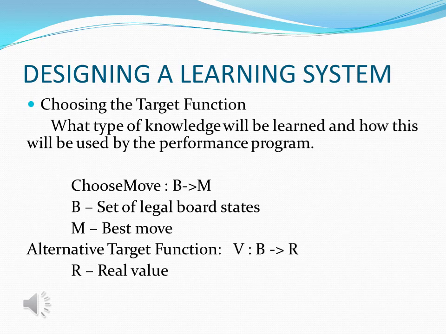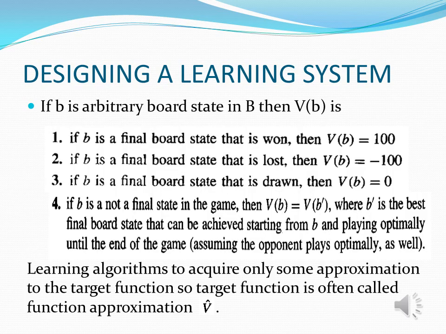Alternate target function we can take as V is B implies R, where R is a real value which is mapped to different board states. How to assign real values to the different board states? Here is the example.